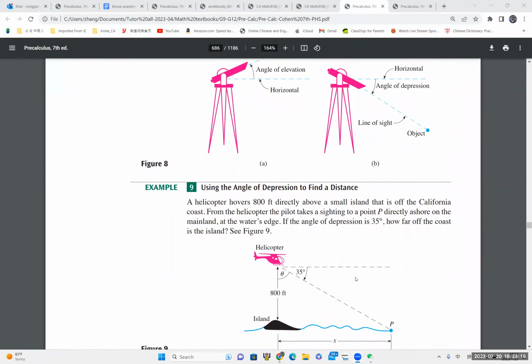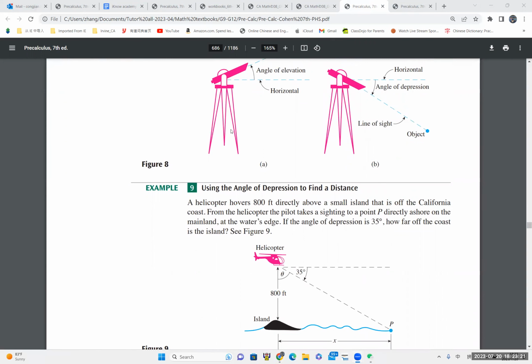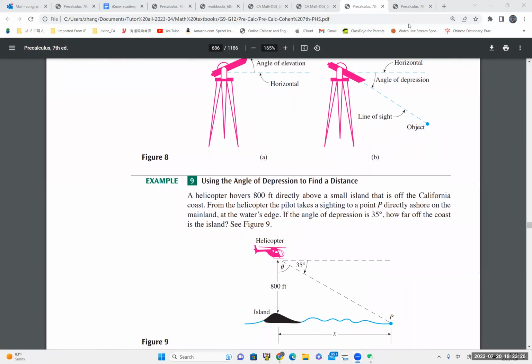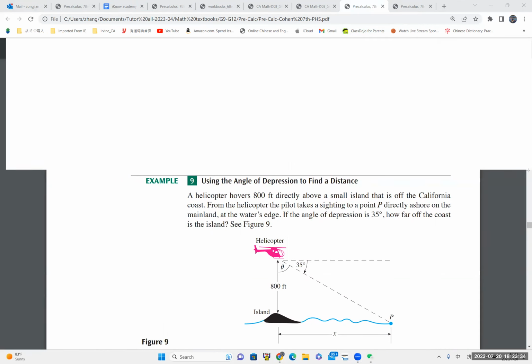Could you guys have a try and see if you can do example 9? Let me give you the whiteboard.